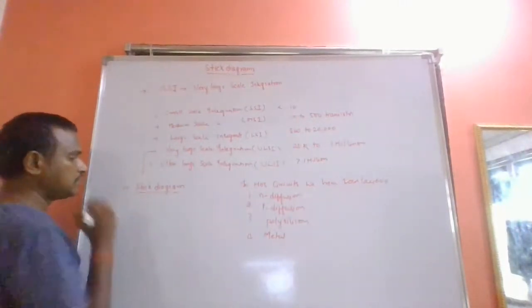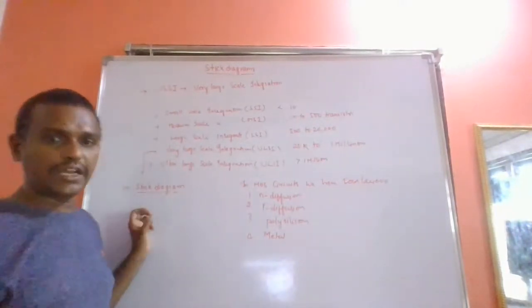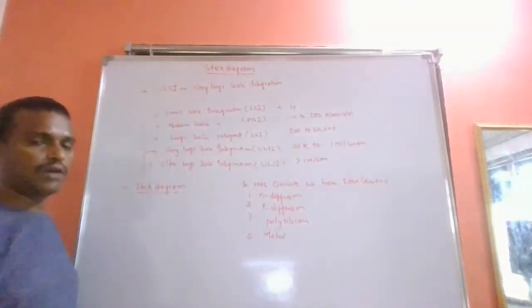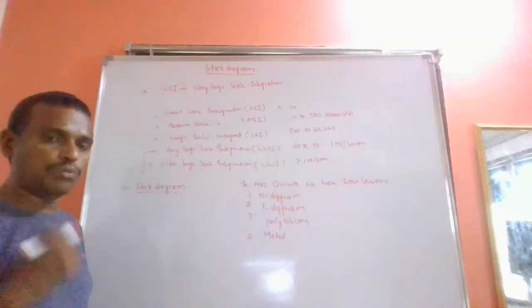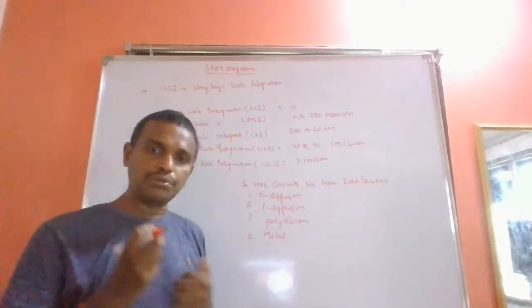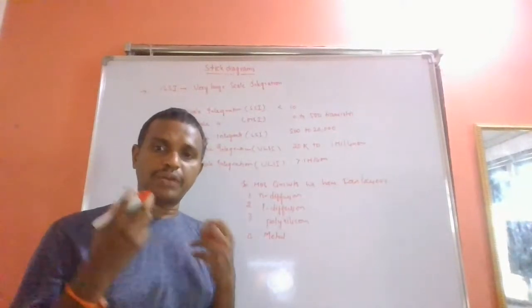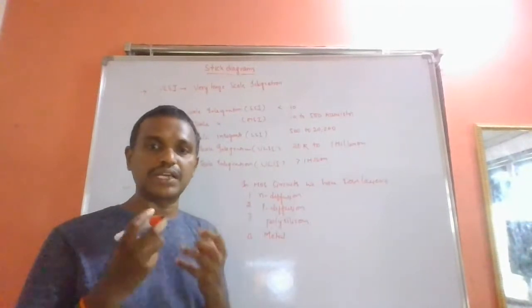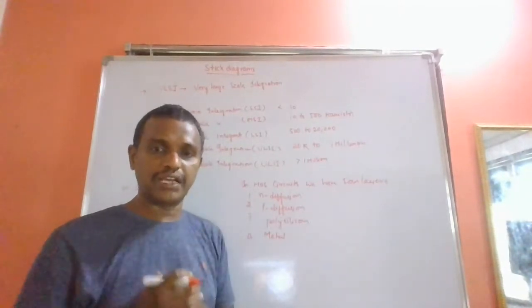Then how can we draw these stick diagrams, and what are the different rules we have for them? Before going into the rules, we have to know how we can represent these layers with colors. That is nothing but the stick diagram colors.